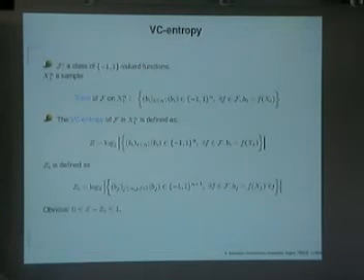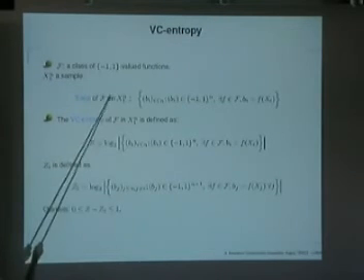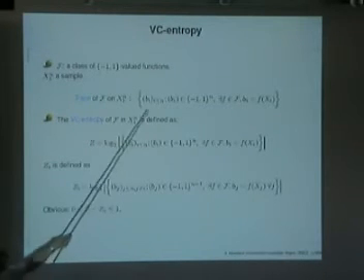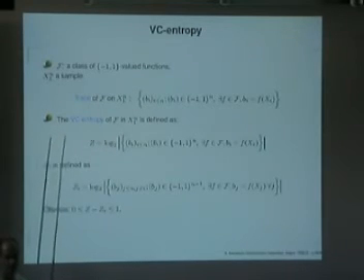We will play the same game again. We will define Z as this quantity, and Z_i as the VC entropy when you remove one guy from the sample. So this will decrease the VC entropy, not very much indeed, or maybe not at all. Anyway, we are just projecting this vector along one dimension, the i-th coordinate.